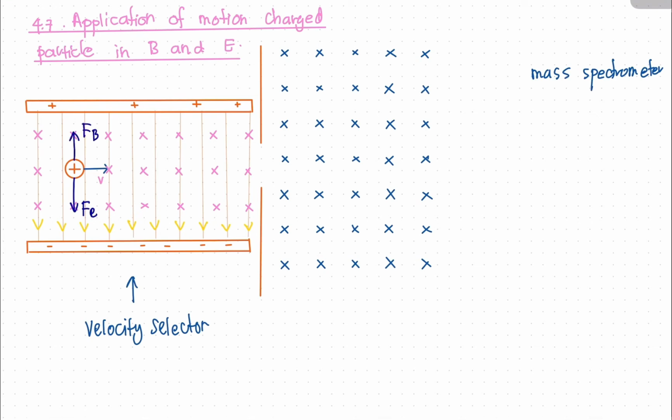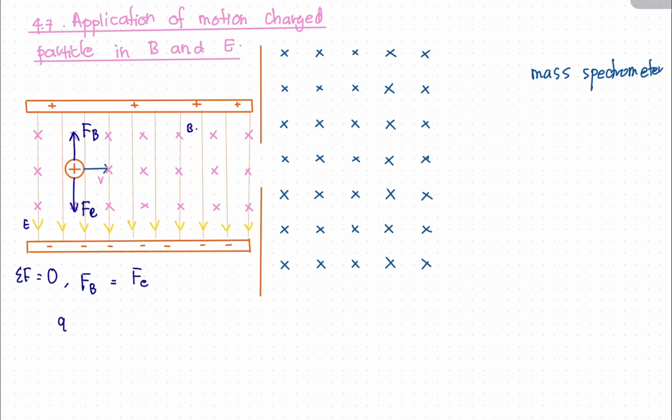So what do we do here? We set the values of the electric field and the magnetic field so that FB equals FE. What happens when they are equal? They cancel out each other. The sum of forces in the X component on the charge will be zero, because FB equals FE.